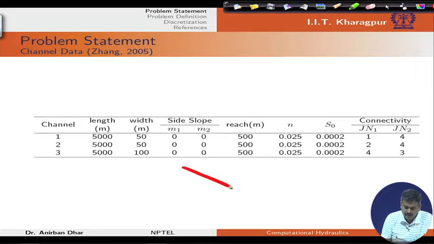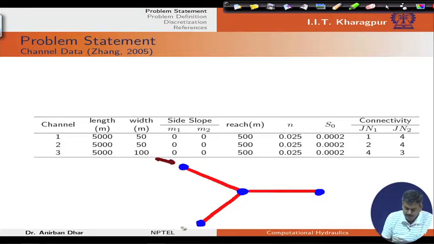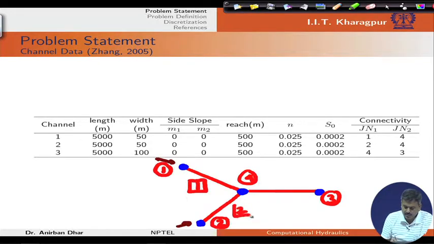So, this is channel number 1, this is inflow, this is also inflow. So, we have this as channel number 1, junction node 2, 3 and this is 4, channel 1, 2, 3.